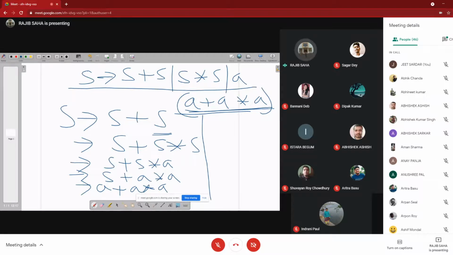If we draw the parse tree or the derivation tree for this one, we have got this.